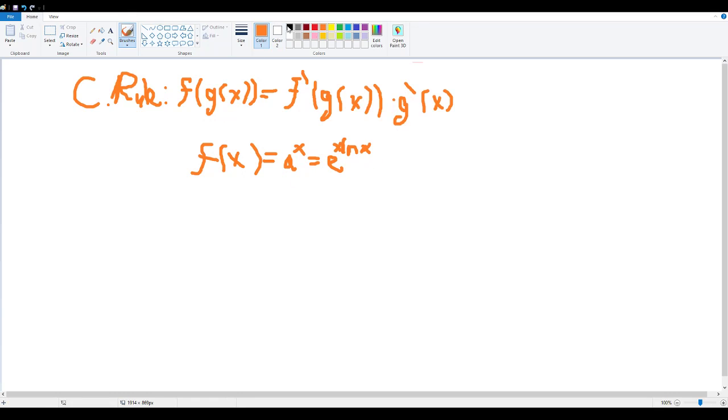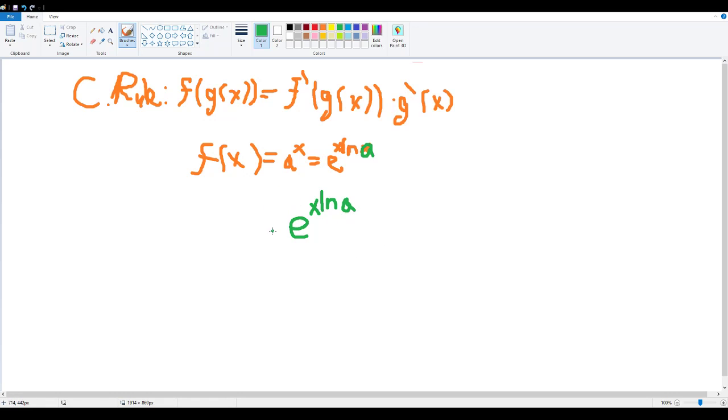So for the derivative, what we're going to want to do is we're going to want to take e to the x ln, oh, not x, that's a, sorry about that. Almost missed that, because obviously this is the logarithm a to get this. Okay, so I hope you're following still.